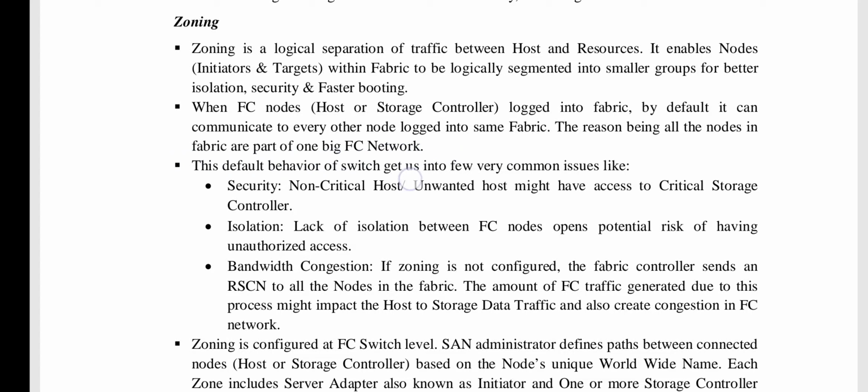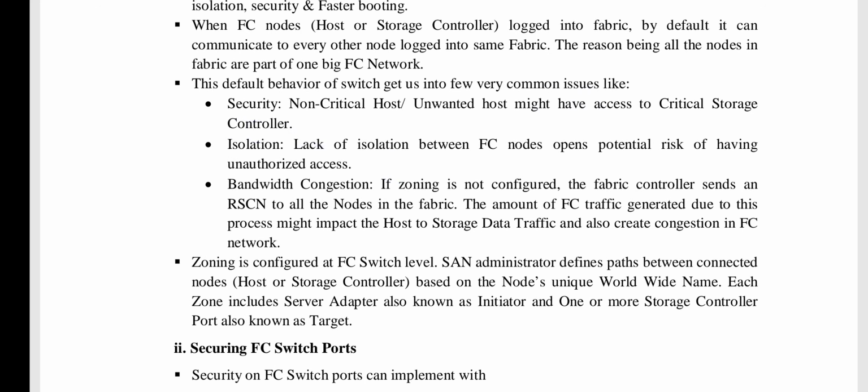The default behavior of a switch gets us into issues like security. When we implement zoning, there are mainly three issues. First, security: a non-critical or unwanted host may also have access to the critical storage controller. If by some means they get onto a fabric, an unwanted host can intrude. Then isolation: lack of isolation between FC nodes opens a potential risk of unauthorized access.